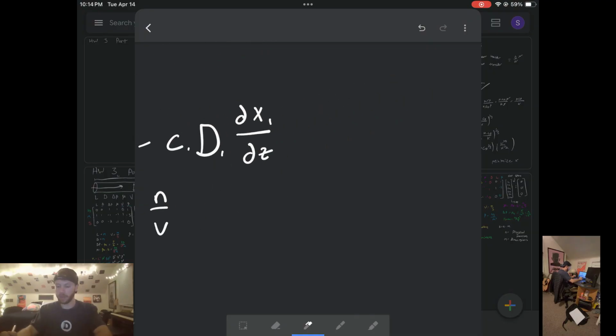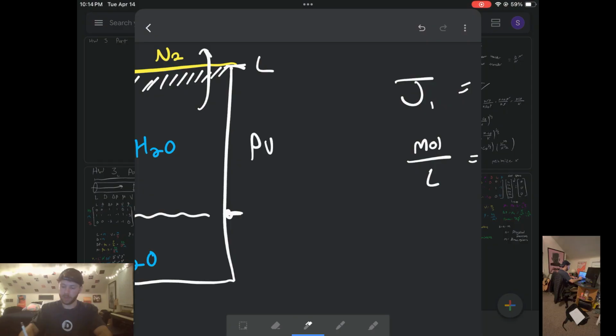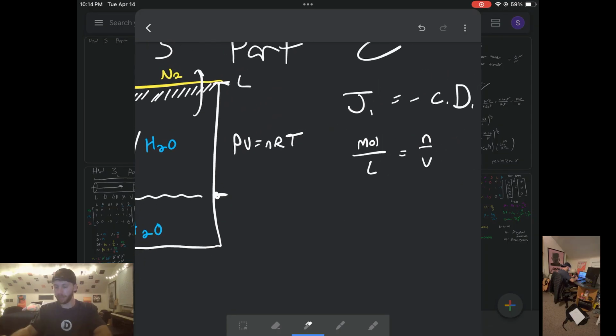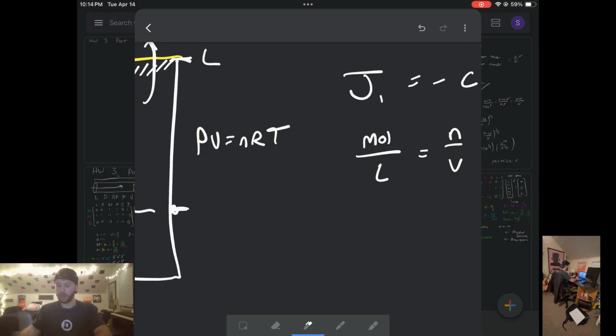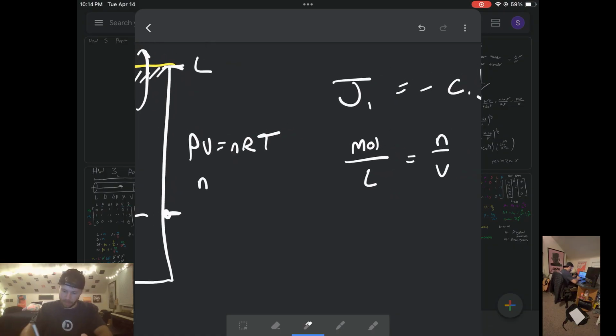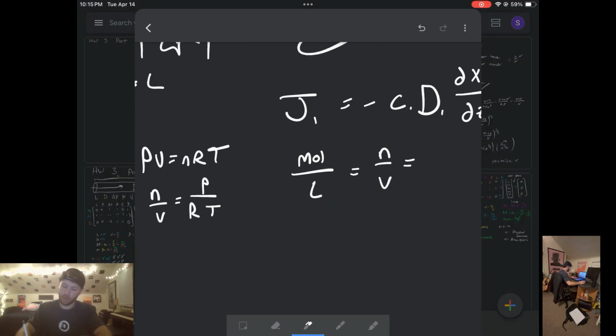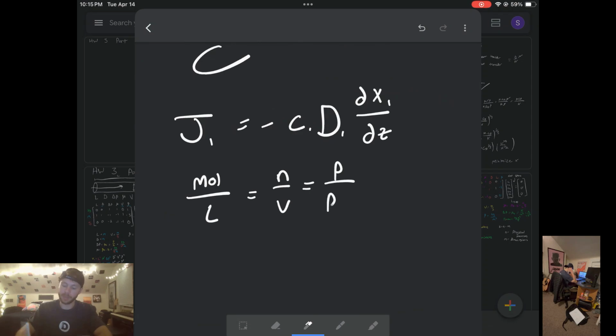And using our ideal gas equation, PV equals nRT, if we divide this out in order to get our moles over volume, we'll say that is equal to our pressure over our gas constant times our temperature. So our concentration effectively is equivalent to our pressure divided by our gas constant times our temperature.